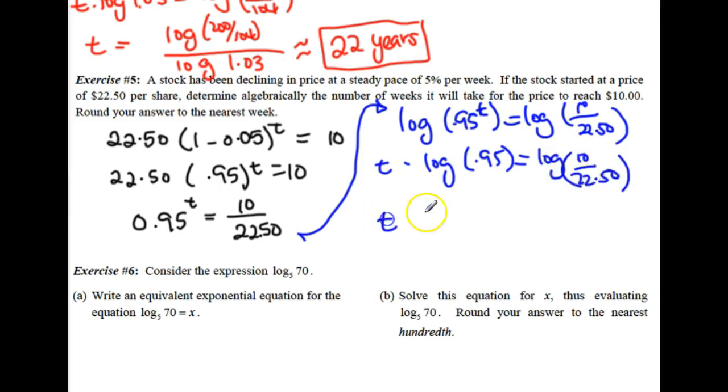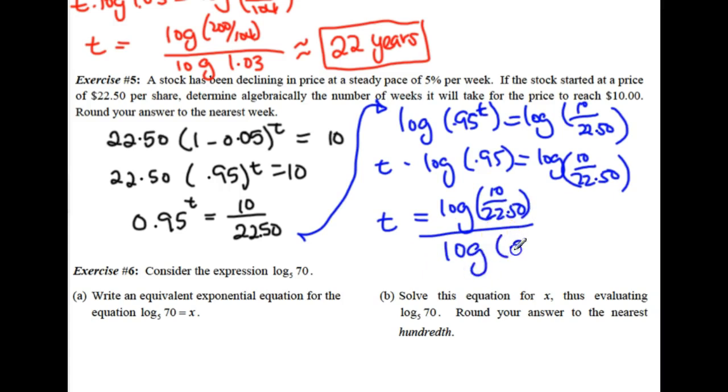Get t by itself. You have the log of 10 over 22.50 divided by the log of 0.95. And if I round this, it says round your answer to the nearest week. So that means the nearest whole number will be approximately 16 weeks. Okay? And what did I do? Just put this in the calculator.